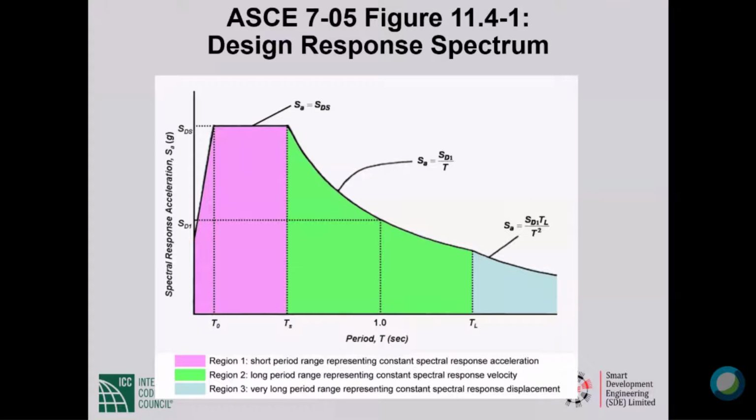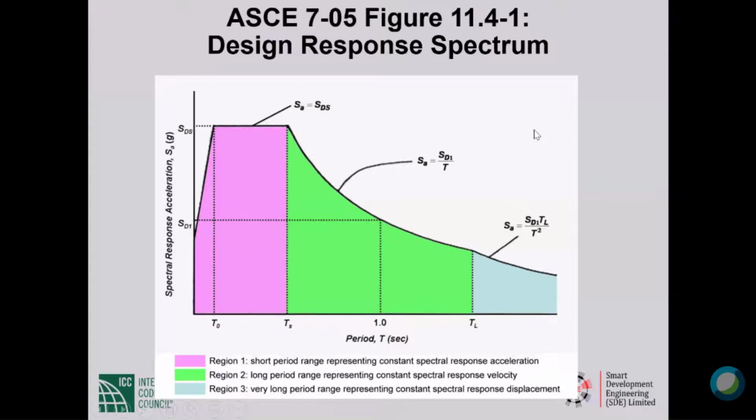Okay. Coming back to the design response spectrum of ASCE 7-05. It's the same spectrum we have seen before. The colors have been added: constant acceleration part, constant velocity part, constant displacement part.